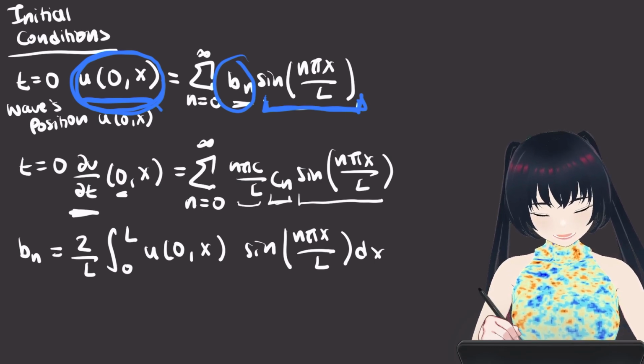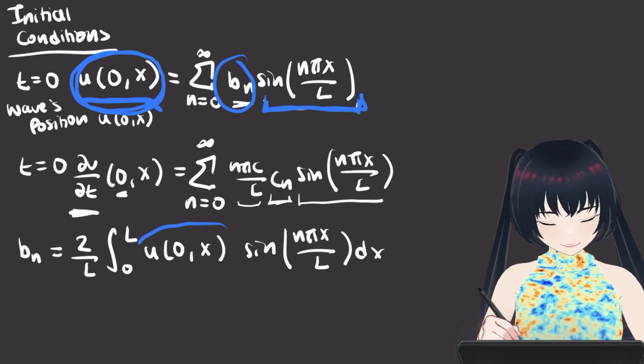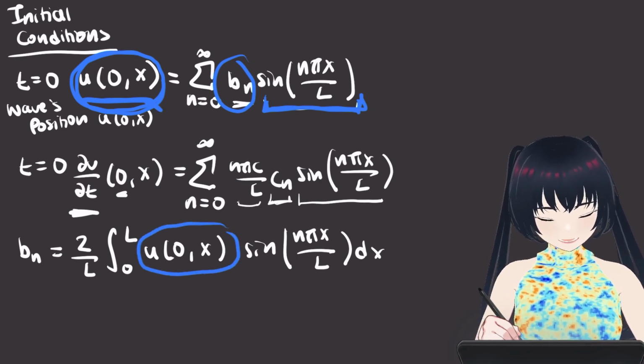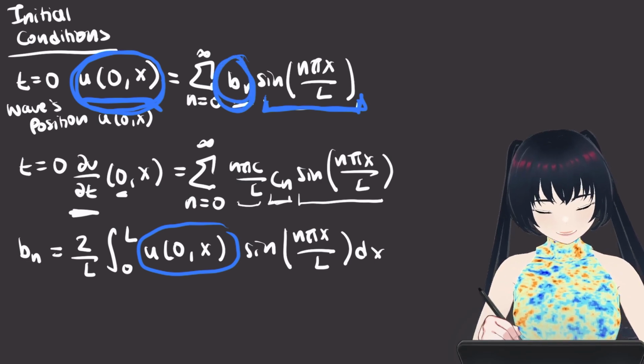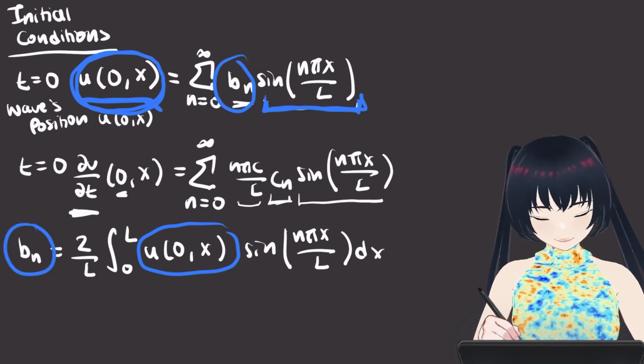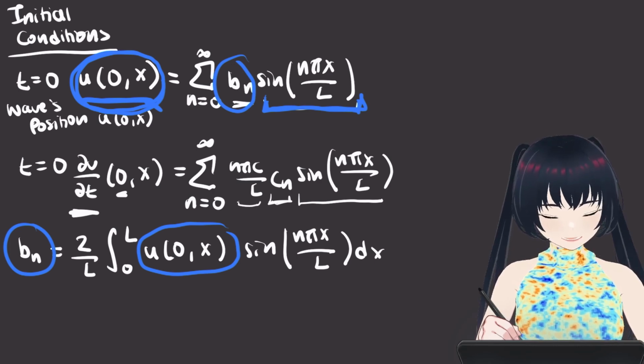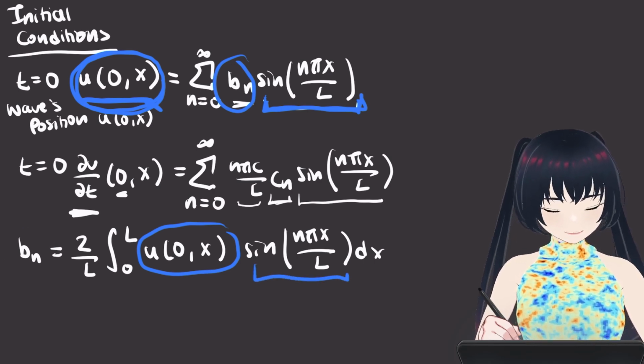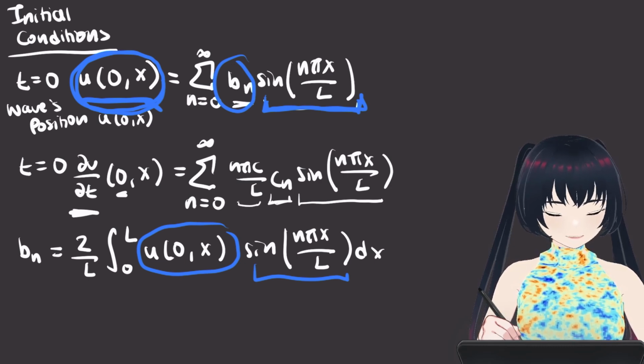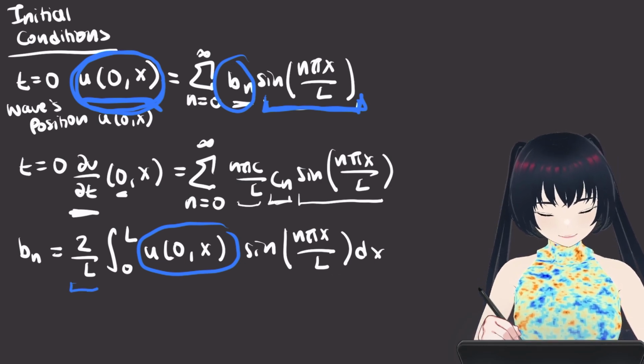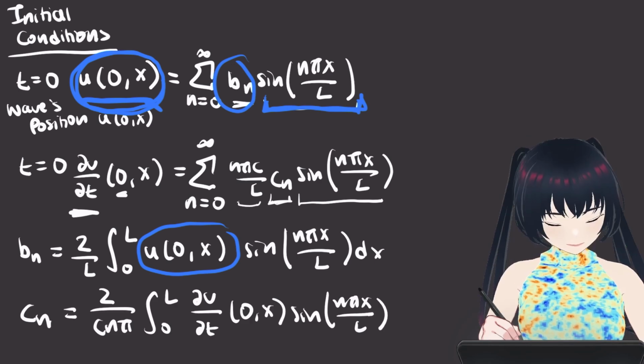So, because this is on the left-hand side, what we're trying to solve for, we plug it in here. We know we need to solve for b of n, and that actually moves to the left-hand side here where it's now isolated. And we're using the sine Fourier series, so we multiply by sine n pi x over L. And because of normalization, we also need the 2 over L term here.